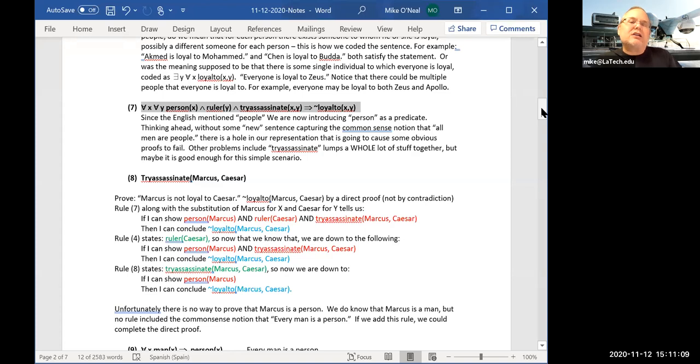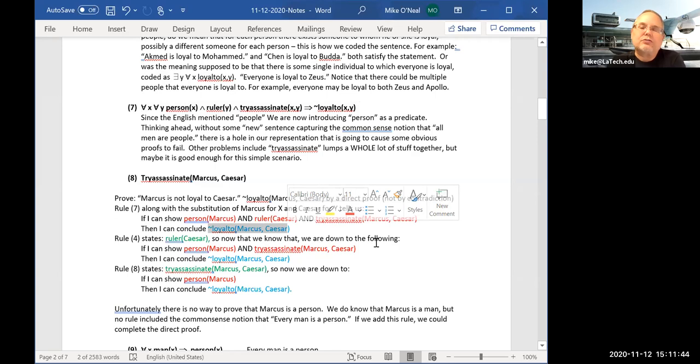So is there a way that I can show that the premise of Rule 7 is true? Well, to do that, I have to establish 3 things: that Marcus is a person, that Caesar is a ruler, and that Marcus tried to assassinate Caesar. Now, I'm putting these here in red because I haven't yet proved those things, but if I can prove all 3 of them, then I can conclude what I've got here nicely in blue, which is that Marcus is not loyal to Caesar.